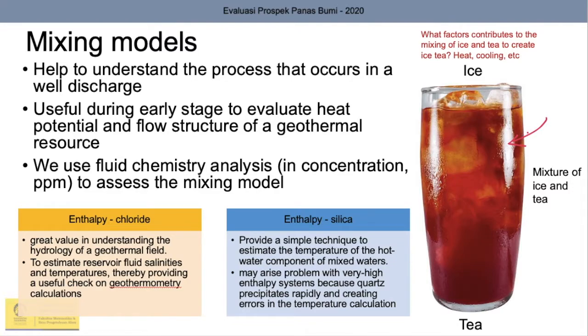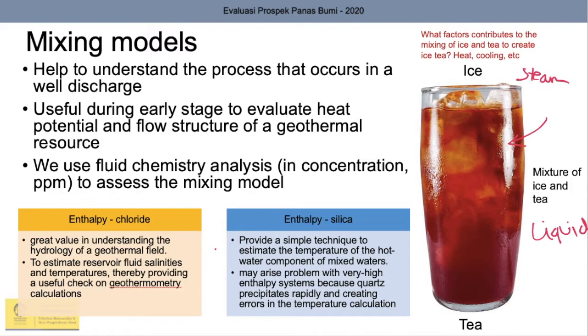In a geothermal system, however, we use a hotter temperature, and then the analogy is between the steam and the liquid. We want to know whatever factors can contribute to the mixing of steam and liquid so that we can deduce the boiling process and we can locate the exact boiling process for us to target the production zone.